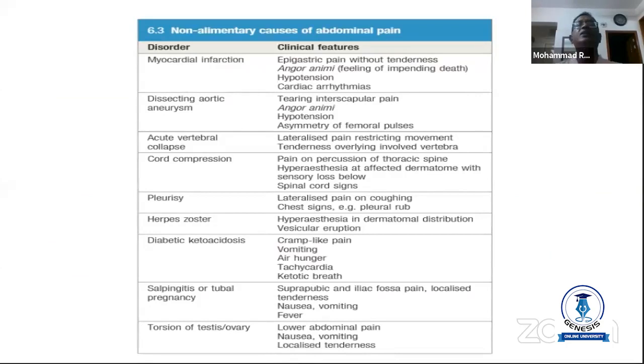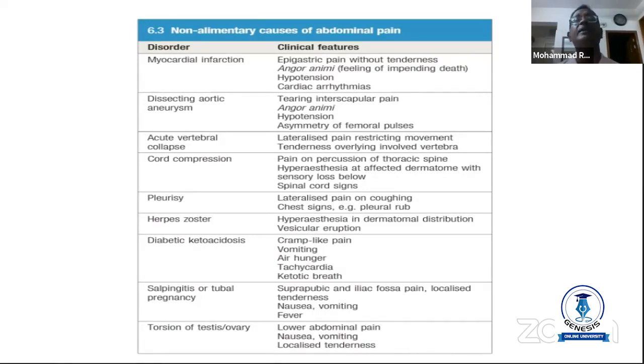And there are some non-abdominal causes of abdominal pain, such as myocardial infarction. In case of inferior MI, you'll find severe upper abdominal pain. Whenever a young, middle-aged, or elderly patient, especially middle-aged and elderly, comes with epigastric pain saying, doctor, I am suffering from peptic ulcer disease, it's severe constant pain, I cannot get rid of it, please do an ECG. In hundreds of cases I have seen patients come with epigastric pain and eventually get the diagnosis of myocardial infarction.